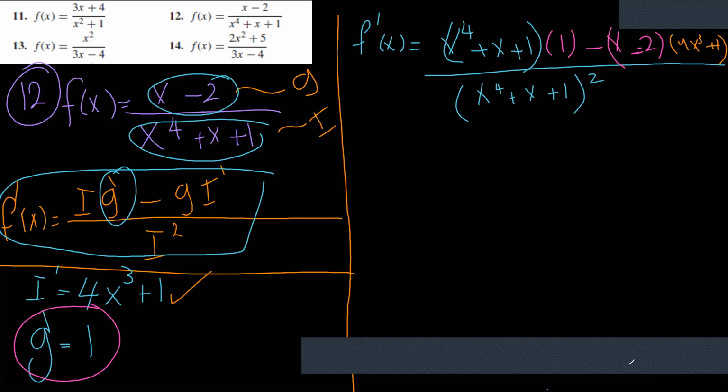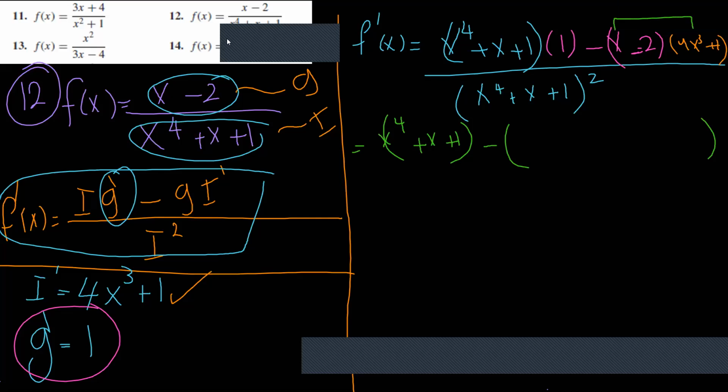Then, after that, this function times 1, keep it as x to the power 4 plus x plus 1, minus. Let's multiply now x minus 2 times 4x cubic plus 1. 4x cubic times x is 4x raised to the power 4. And 4x cubic times negative 2 is minus 8x cubic.